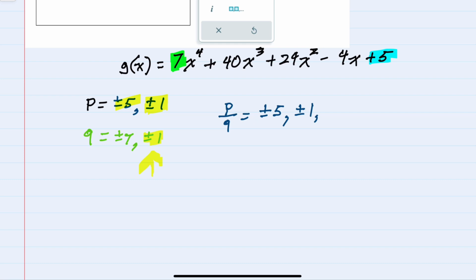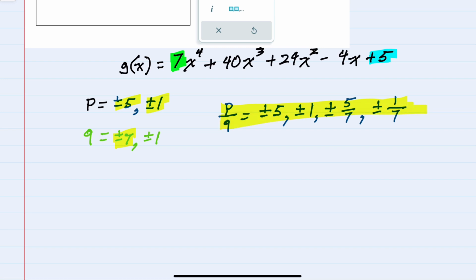And then the other possibility is that the q is plus or minus 7. And if the p were still the 5, that would be plus or minus 5/7. And then lastly, the p could be the factors of 1, again over the 7, would give us plus or minus 1/7. So we have listed out all of our possible rational zeros.